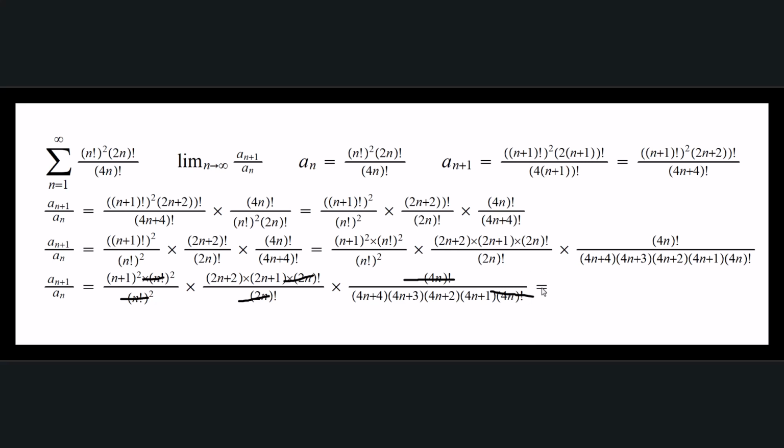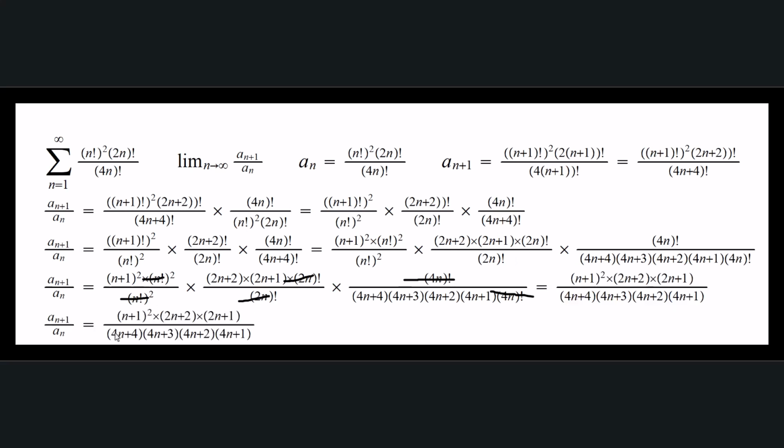But anyways, here the final outcome will be n plus 1 whole quantity squared, and then times these guys here, and all of these rather. So if you look at the ratio finally, what you have is this as the simplified portion of the ratio.